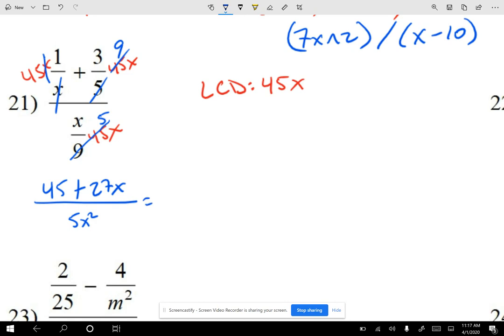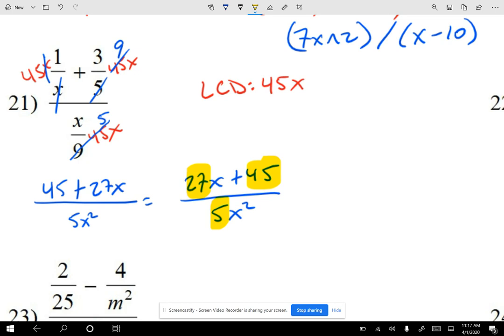Now the top, combine any like terms if possible. If not, let's write it with the highest exponent first. So 27x plus 45 over 5x squared. I could simplify more if all of these numbers, all of them, not just any two, I can divide by the same thing, or if I could remove an x from all of them.